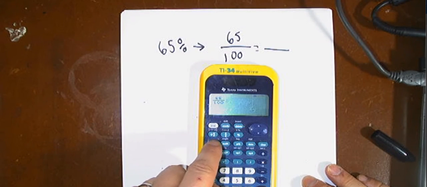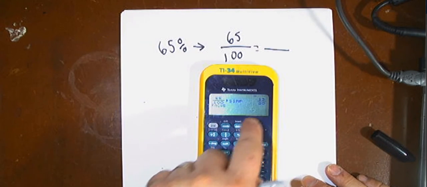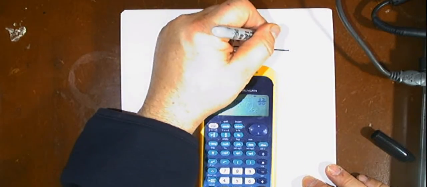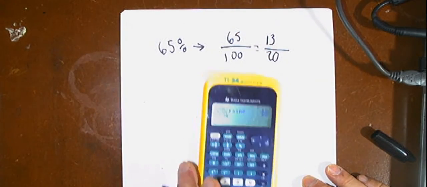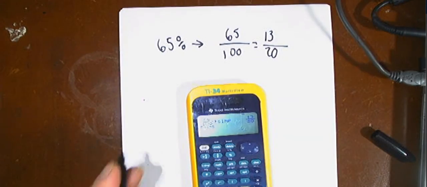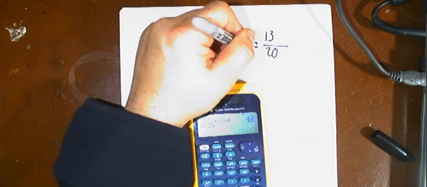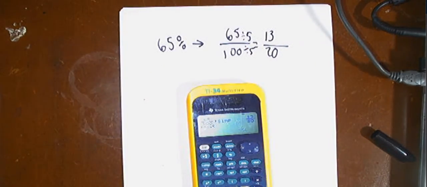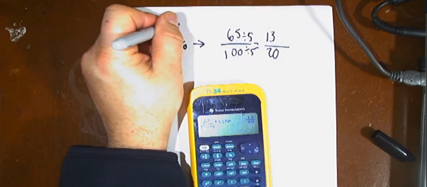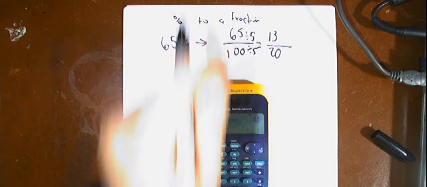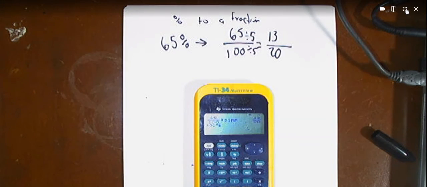And then I'm going to hit simplify until there's no arrow. So 13 over 20. What I've done is divided them both by 5, but the calculator did it for me. So this is a percent to a fraction. Okay, so go back and watch this video as many times as you need to.